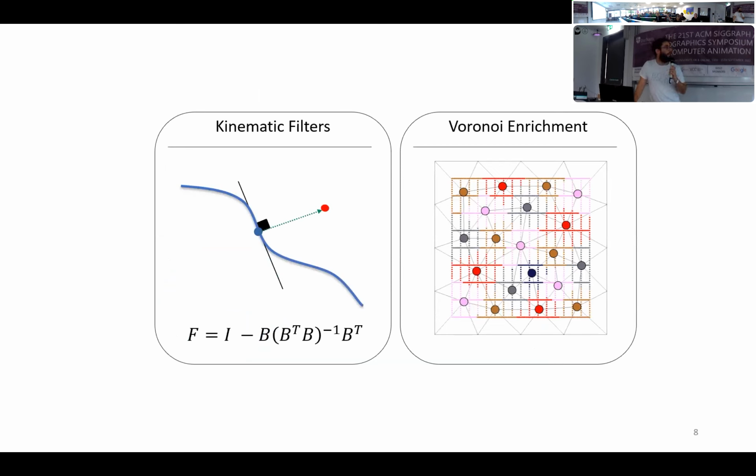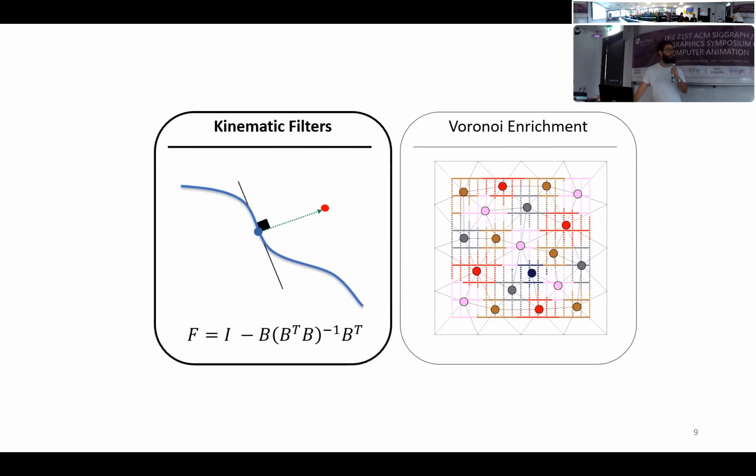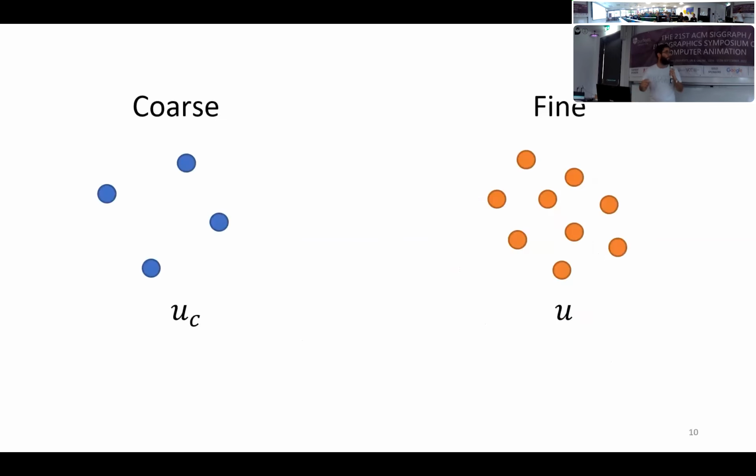So our work is based on two pillars. First, we are going to describe the kinematics of the two meshes together, and then we will try to find some constraints that allow us to do this efficiently. So let's start with the first part. Let's take two sets of points, a coarse set and a fine set.